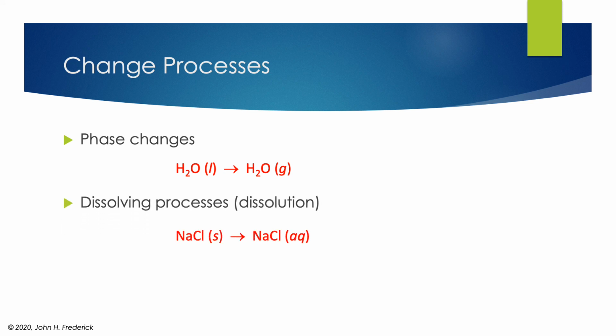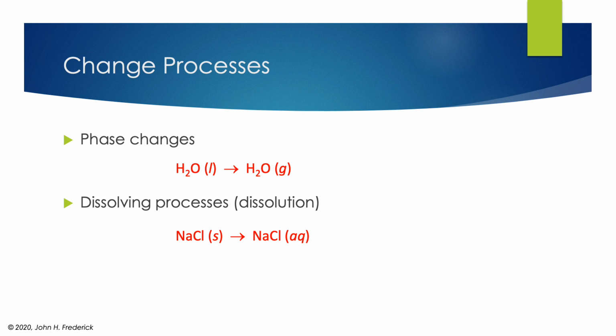Now, these chemical equations are all change processes. There are other change processes that could be written very similarly. For example, we might represent a phase change. Here's liquid water going to steam. We could write it as though it were a chemical reaction, and it's not a chemical reaction because we really haven't changed the chemical identity of the water, but it's still a change process that lends itself to this sort of notation. We could also use it to talk about dissolving things. So if we want to dissolve salt in water, we might indicate that by saying sodium chloride solid is going to go to sodium chloride in aqueous solution.